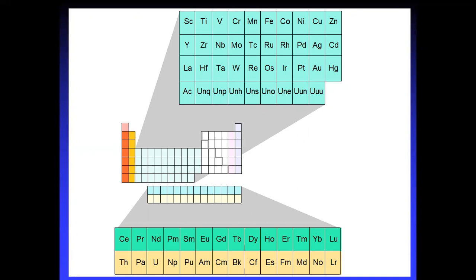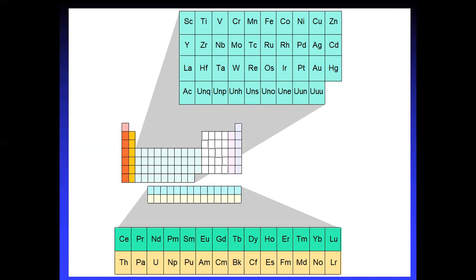In the first series, that is the 3d series, scandium through copper, the differentiating electrons enter the 3d orbital. Irregularities are observed at chromium and copper. Exceptions occur everywhere.